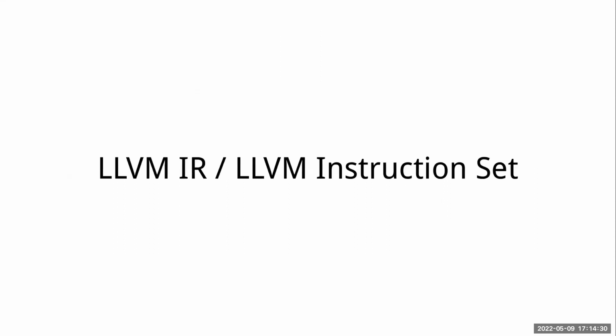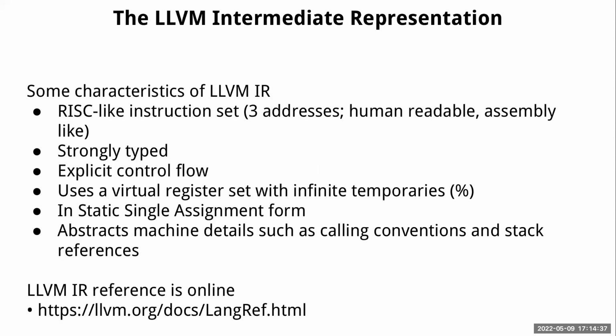Okay, let's take a quick look at the instruction set of that intermediate language, what it looks like. First of all, that language itself is like an assembly language. It's an assembly language for its own virtual machine, the LLVM virtual machine.